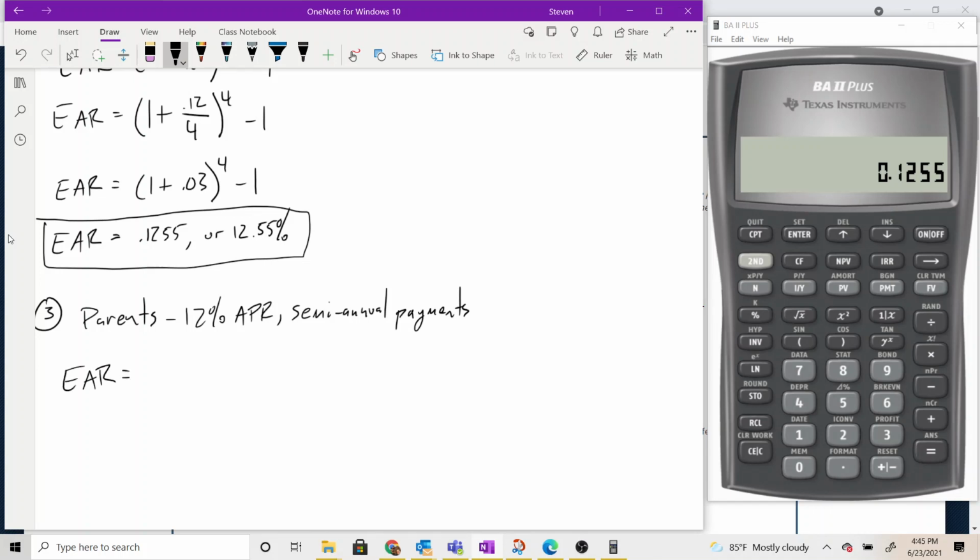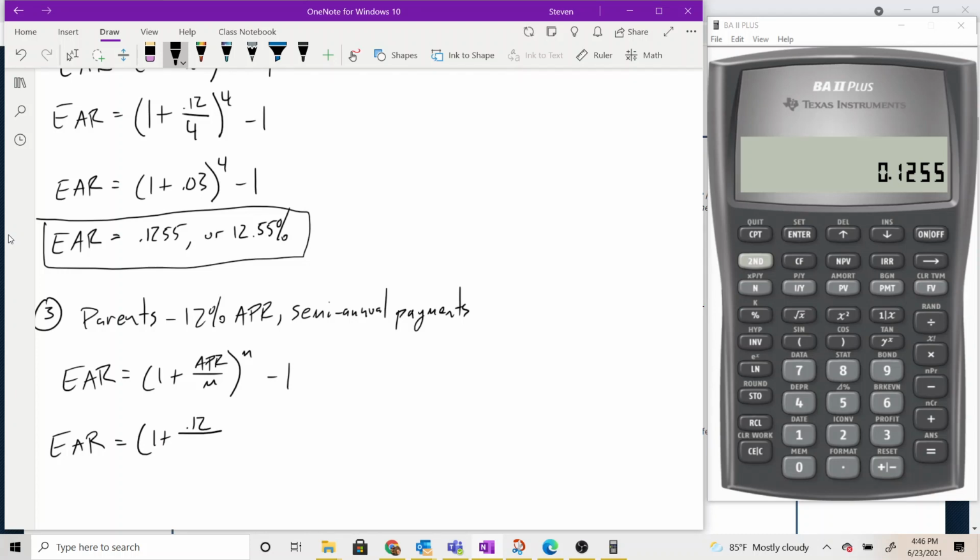All right, we'll plug into our EAR formula. 1 plus the APR over the number of compounding periods, raised to the number of compounding periods. And once again, everything's going to be the same except the number of compounding periods. Our APR is still 12% or 0.12.